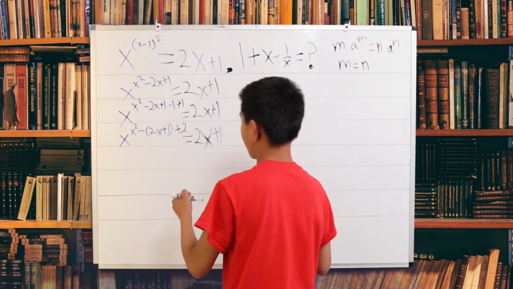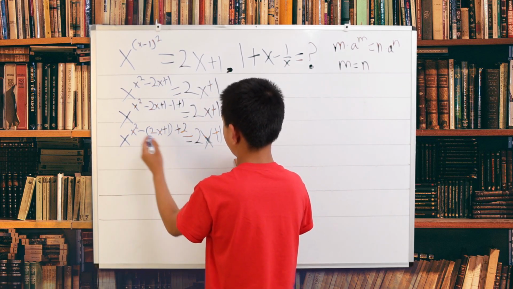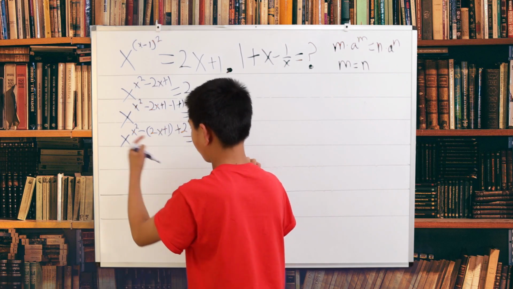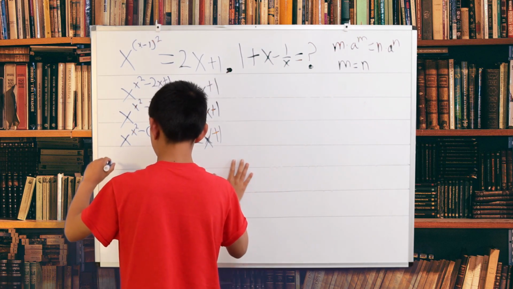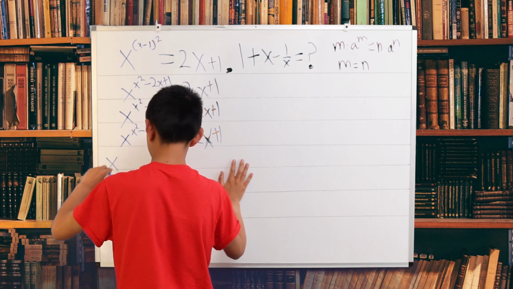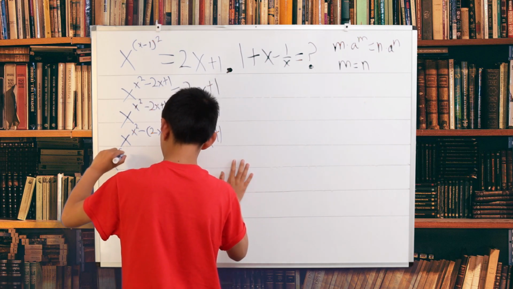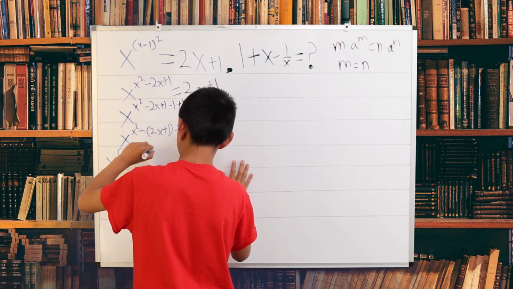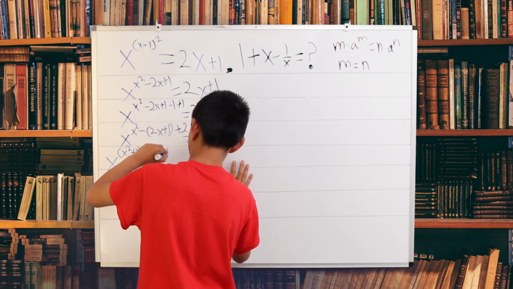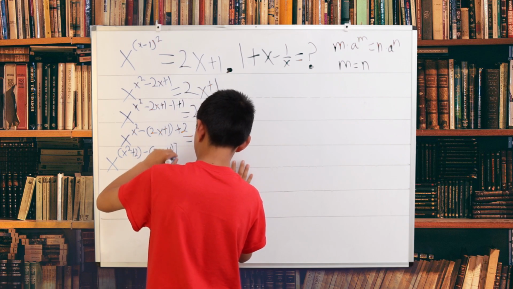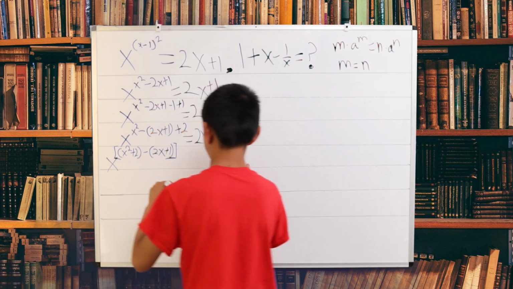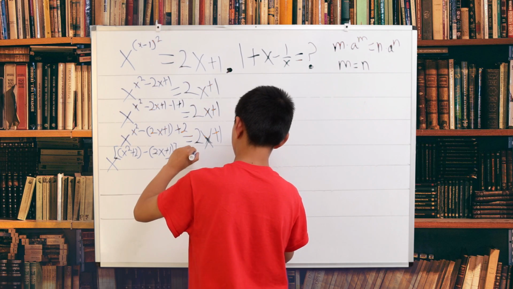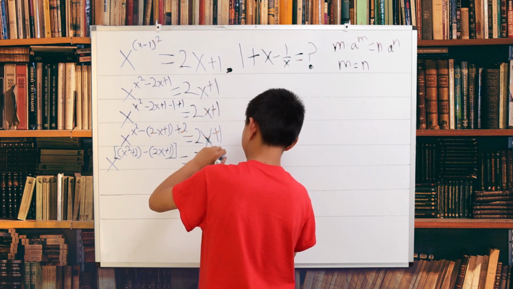Alright, now since these two are just out, we can put them into a parentheses like again. So this is going to be x to the power of x squared plus 2 minus 2x plus 1. I just write it in brackets, which is still equal to 2x plus 1.